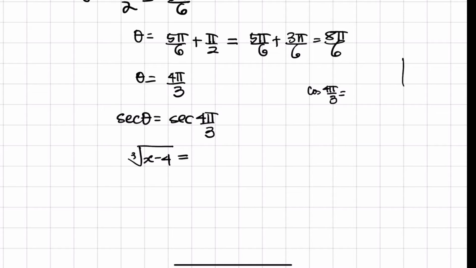Asang quadrant ba yan? Multiple ni pi over 3, 4 pi over 3. Okay, so negative. Reciprocal niyan is secant, so it's negative 2. Okay, so cube both sides, negative 8. So, x is 4 minus 8, which is negative 4.